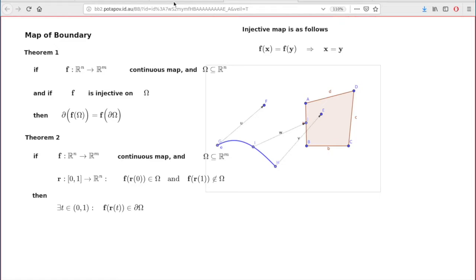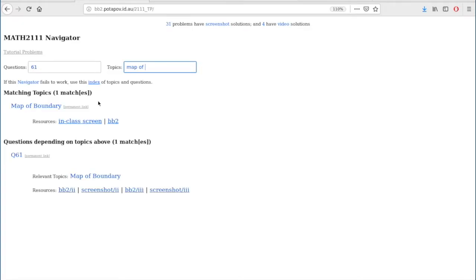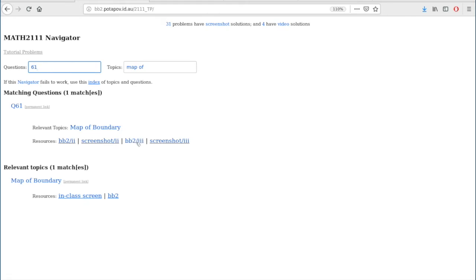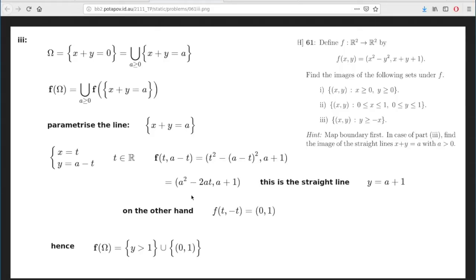That's why for part 3 of question 61, if you go to the Navigator, I developed a completely different solution, and you are encouraged to read this. That's why for part 3 we cannot employ this method of mapping boundaries to boundaries. We have to come up with something else. And this hint in part 3 tells you what to do.